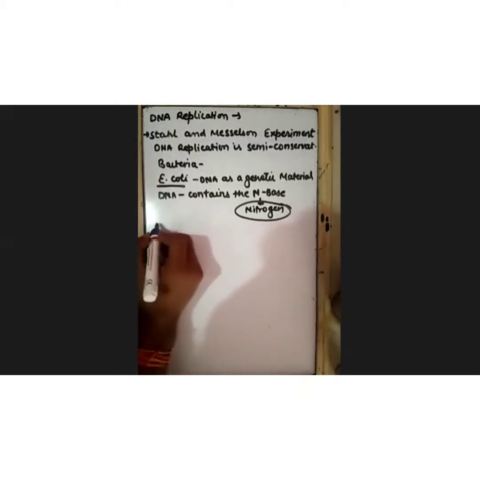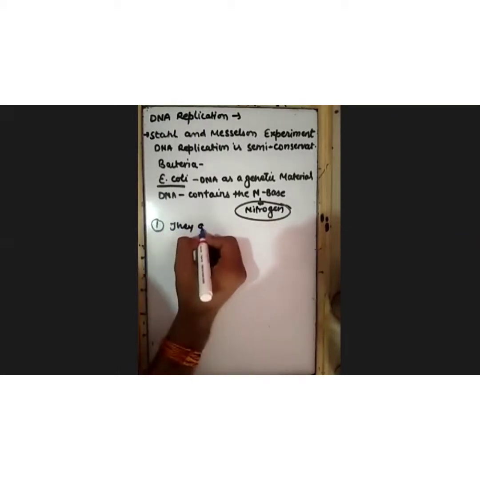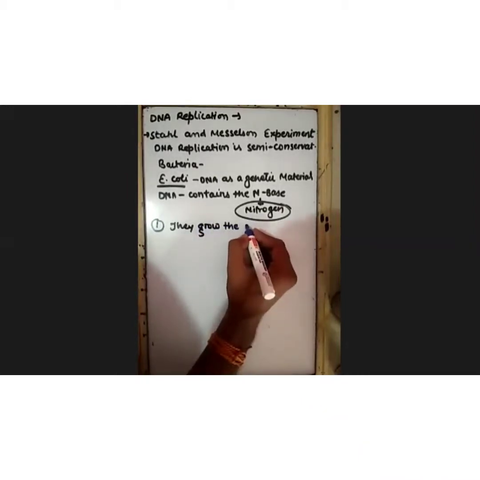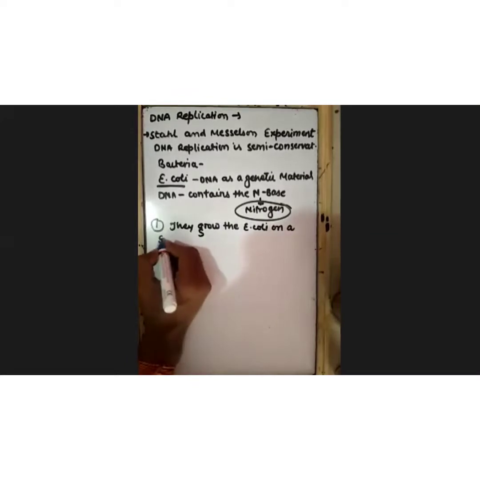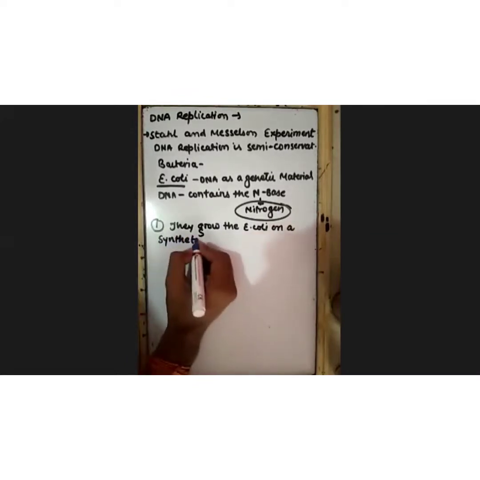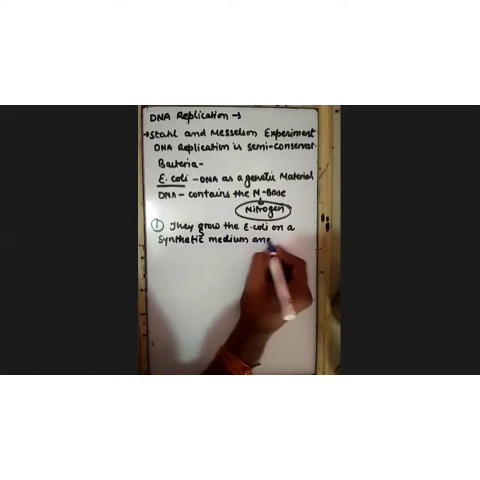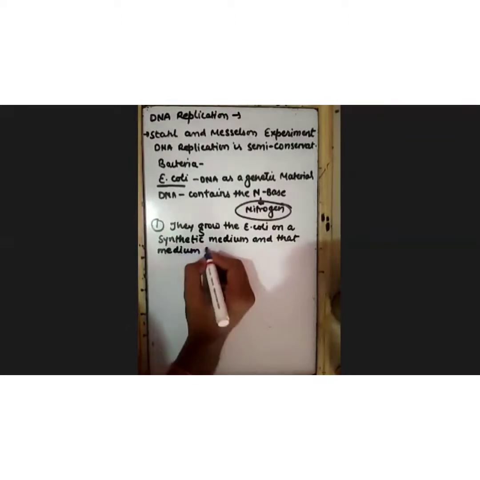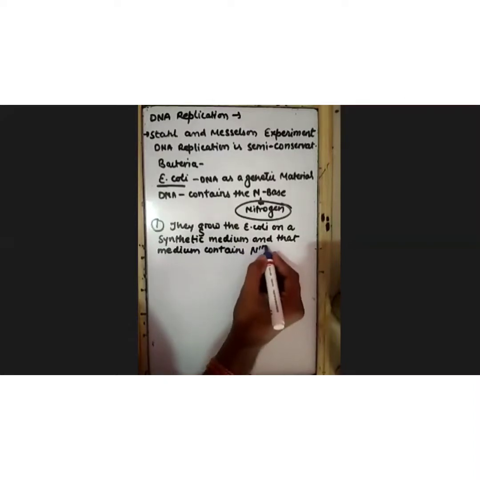Then Meselson and Stahl, in the first step, grew the E. coli on a synthetic medium, and that medium contains N15 isotopes.